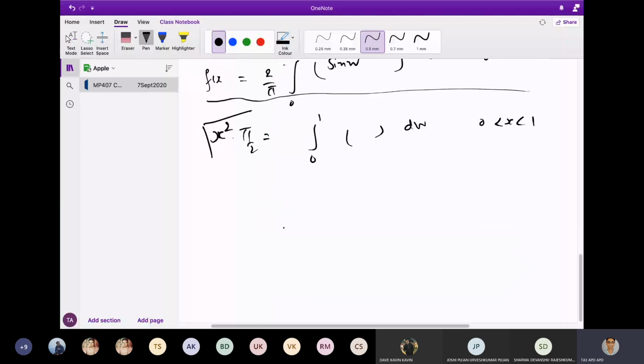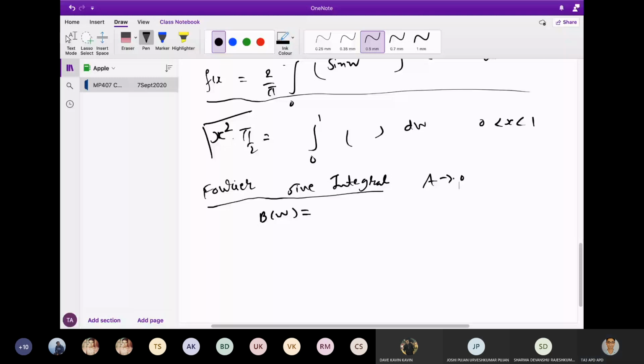Now the Fourier sine integral. So I would expect you to do it. For that, we should have b to be determined. A should be equal to 0 because that's relevant for even functions only.